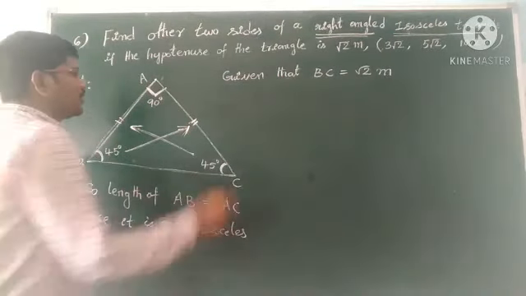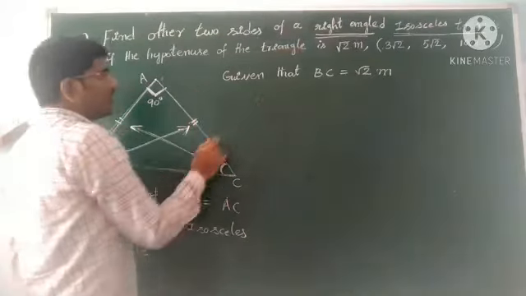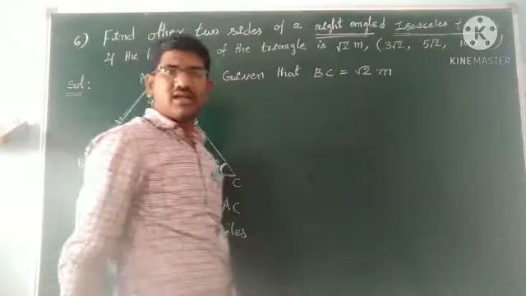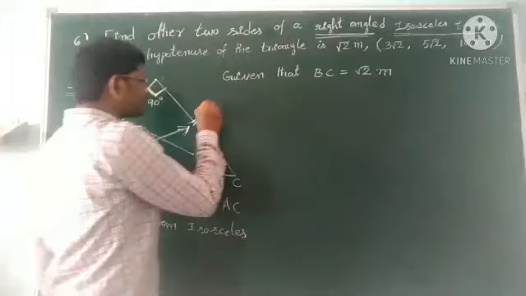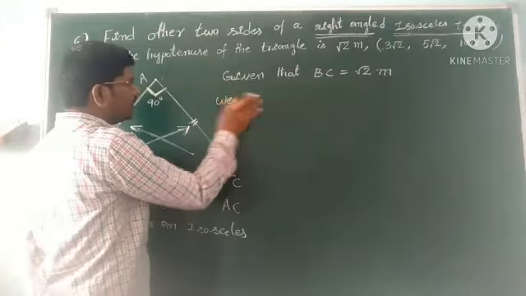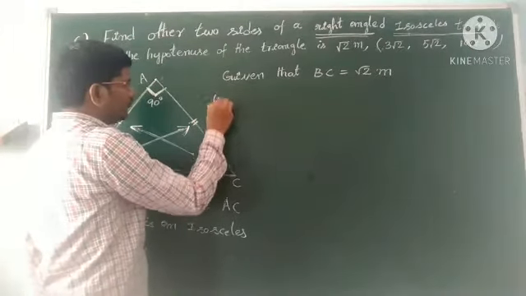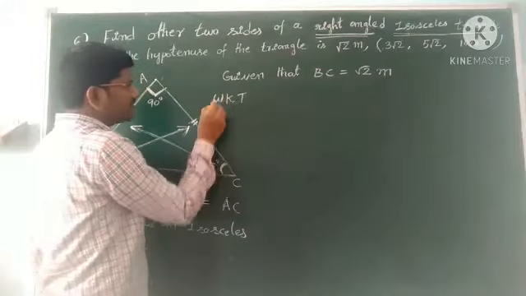Now see, we know the respective sides ratio of a right angled isosceles triangle.